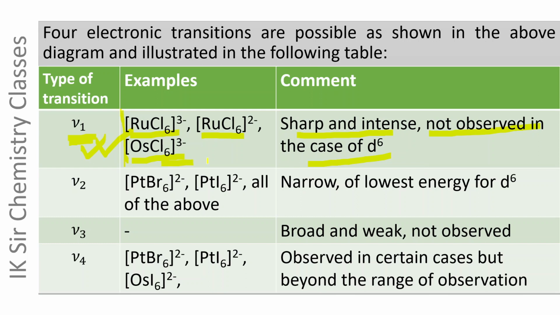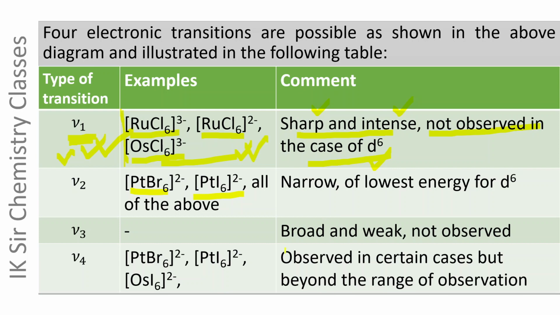These complexes exhibit nu1 absorption peak. This absorption peak is sharp and intense, but it is not obtained in the case of hexahalo complexes of d6 transition ions. Nu2 is exhibited by PtBr6 2 minus, PtI6 2 minus, and all of the above complexes.